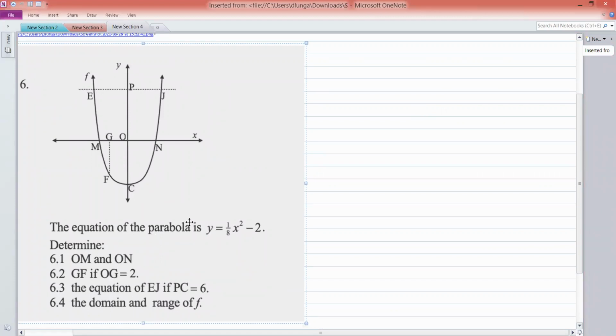The equation of the parabola is y equals 1/8 x squared minus 2. First things first, determine the distance from O to M and O to N. How do we work out the coordinates of M and N?